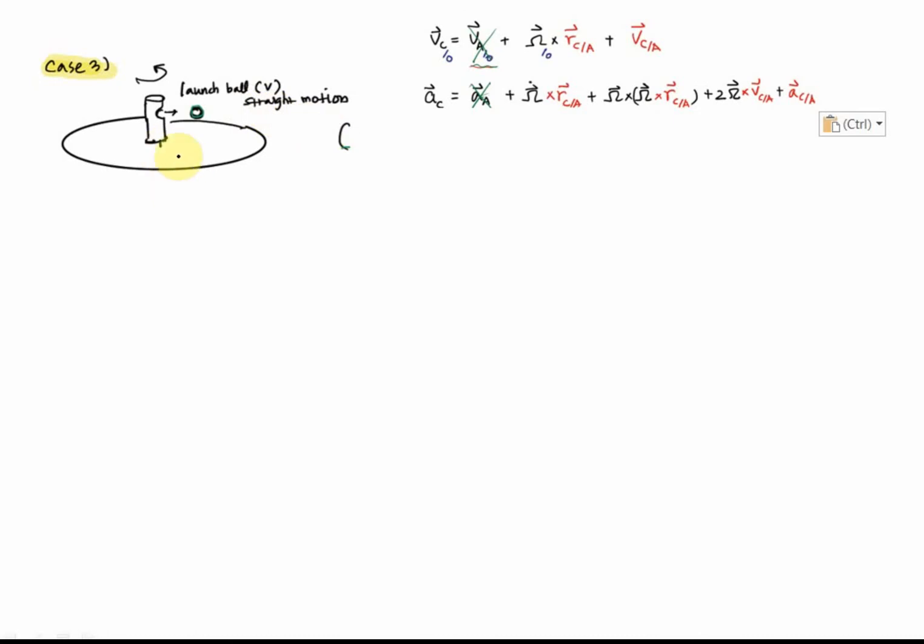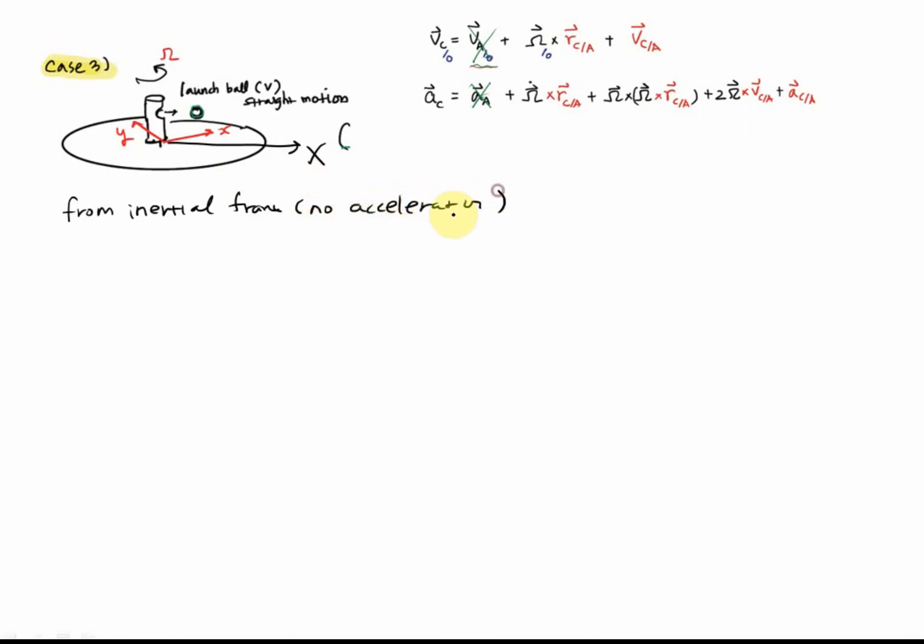Okay, this is my X, and then a certain rotating frame is fixed on your disk, and this is rotating with a certain angular velocity. Even though this is rotating, after the launch the ball just moves in a straight line, right? So when you observe the ball from your inertial frame, there's no acceleration, right? No acceleration.